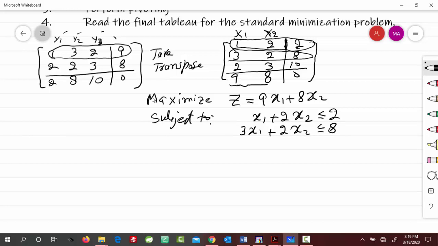And then from the third one, and again we say that x1 and x2 are greater or equal to 0. So this is our step 1.